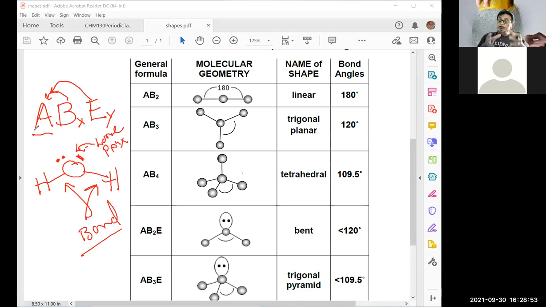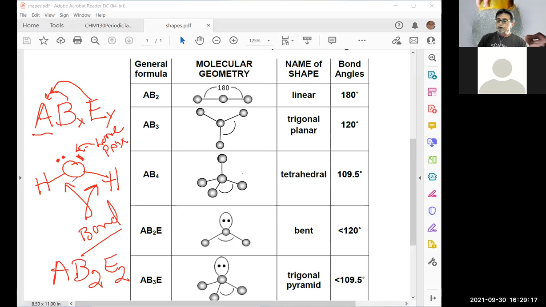Once we develop the general formula, then that's where we use the shapes table. The general formula for water is AB2E2. A represents oxygen.